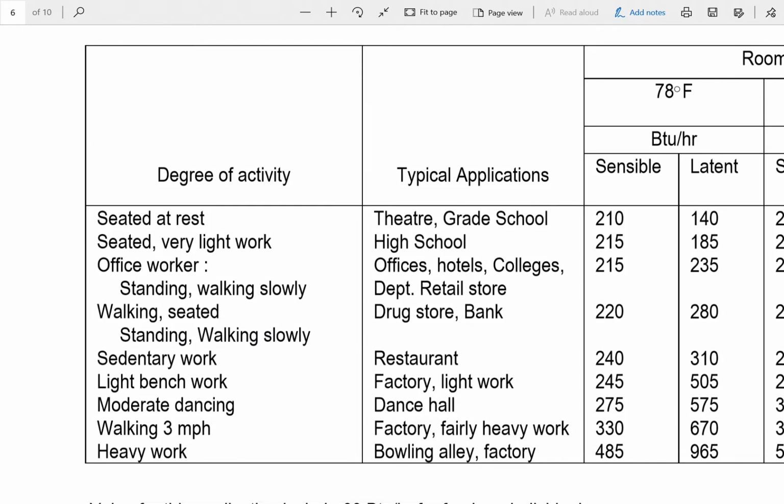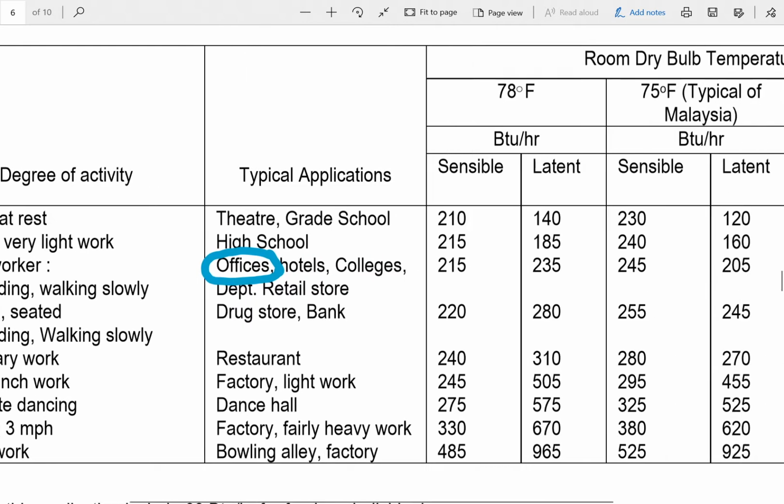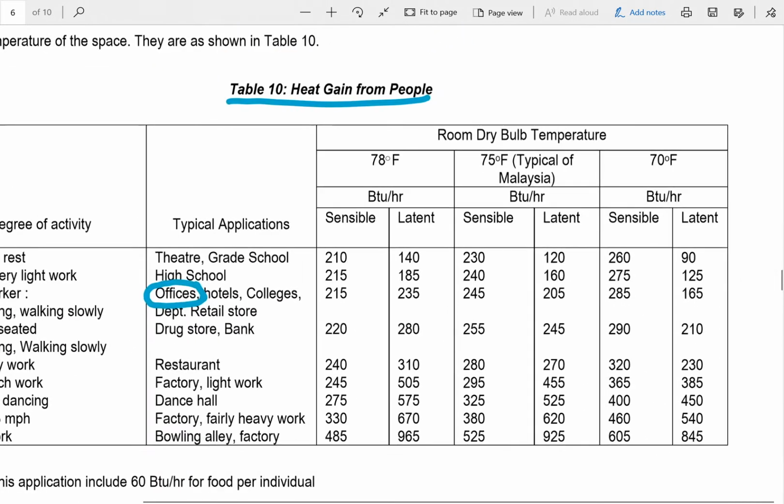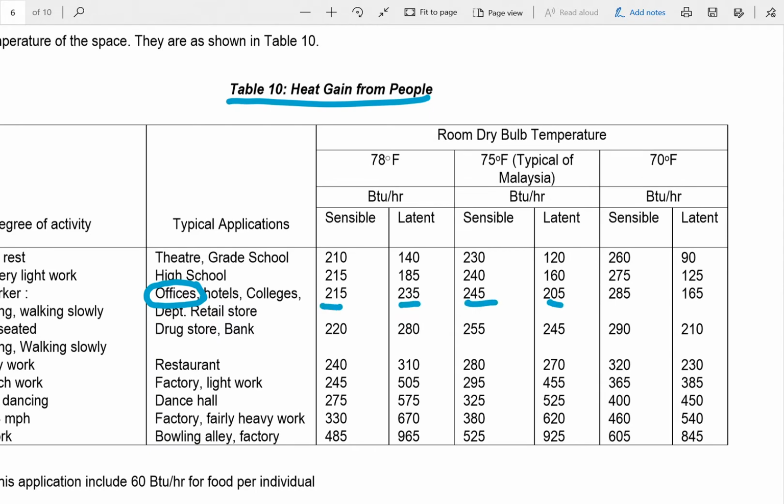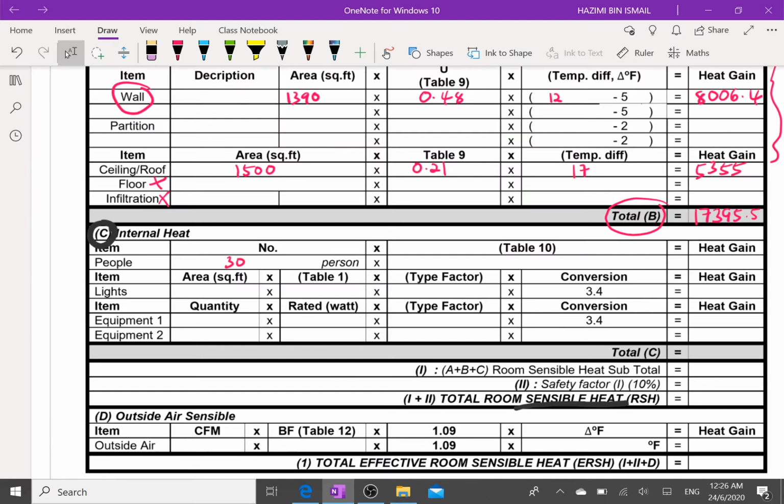I think in our problem we have office workers, which is suitable for the office typical application. Referring to this one, we have sensible and latent, and also 78, 75, or 70. Which one do we have to choose? Let's see the information that is given.